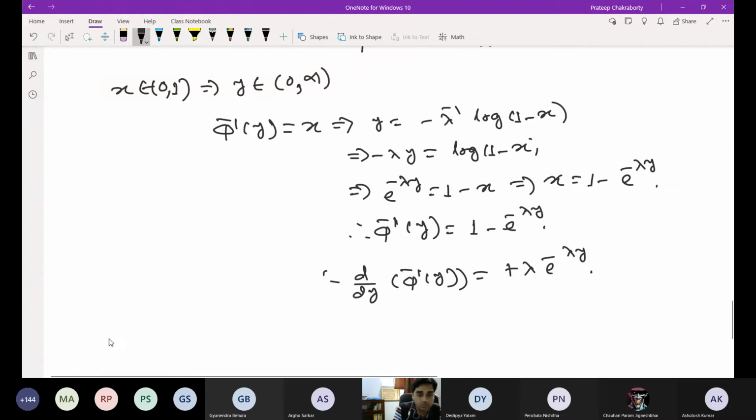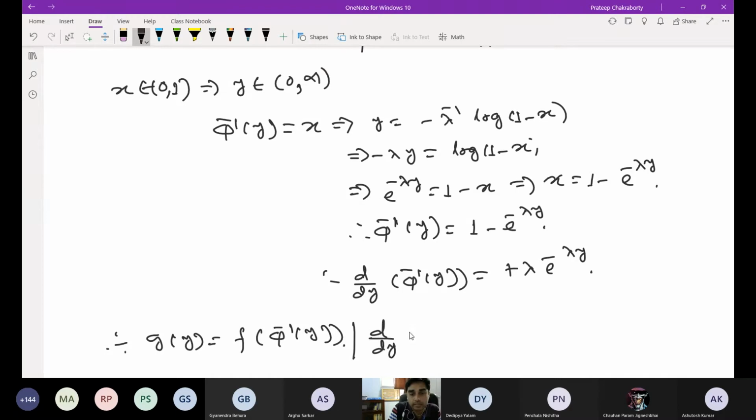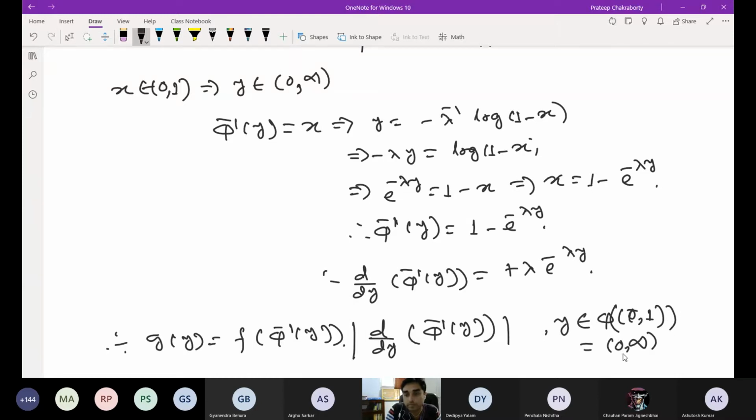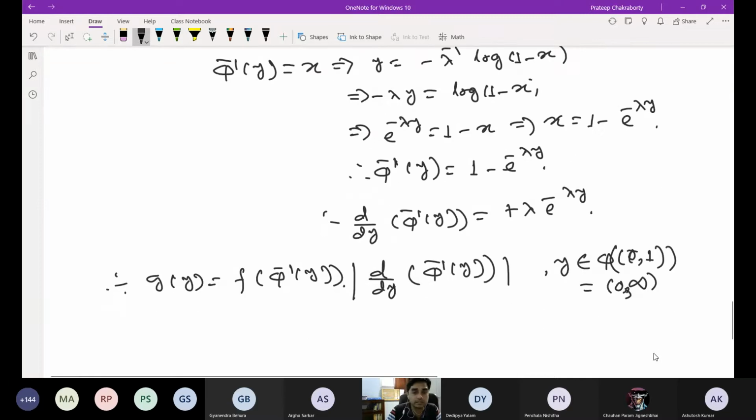So what was g of y? g of y was f of phi inverse of y times mod d by dy of phi inverse of y, when y belongs to phi of 0 comma 1, that is 0 comma infinity.